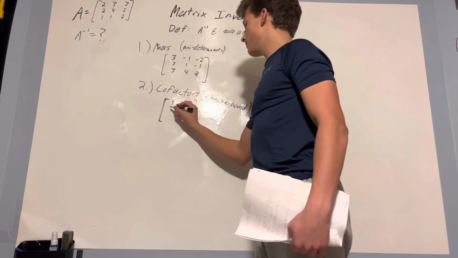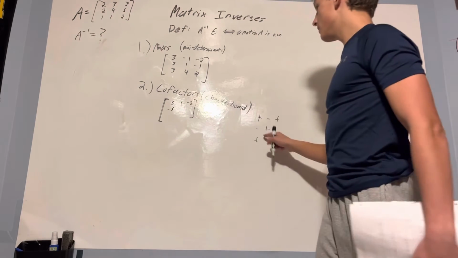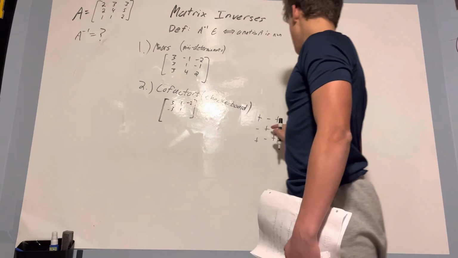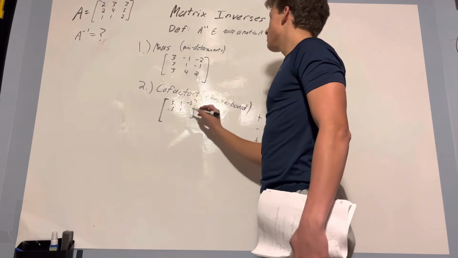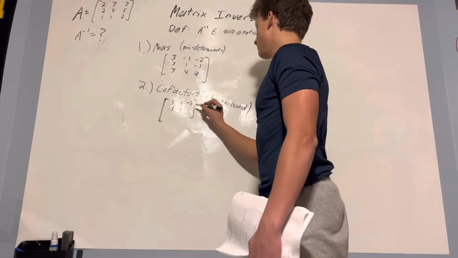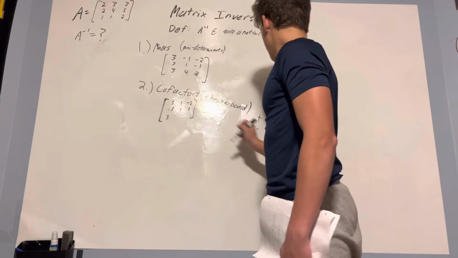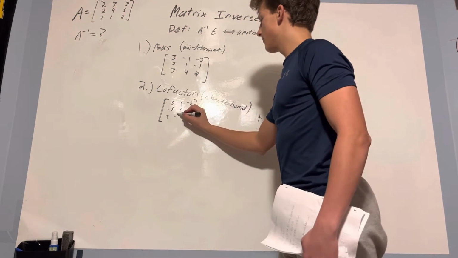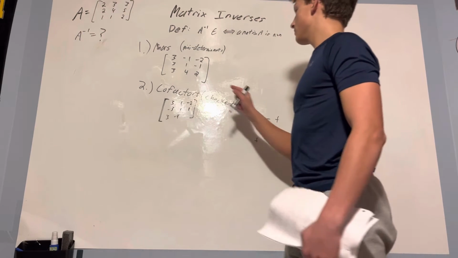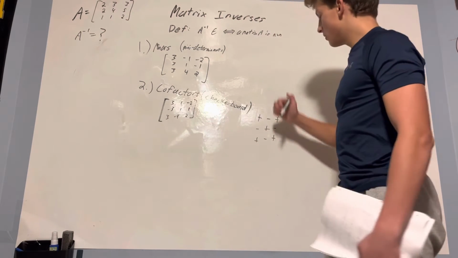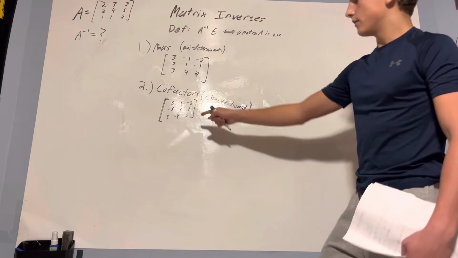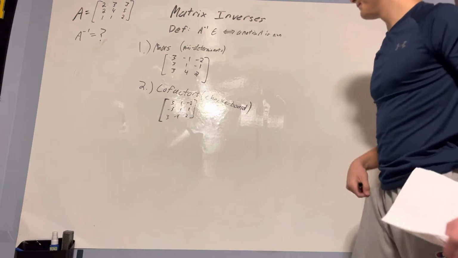You flip the sign, it becomes negative 3. Here it's positive. It stays as 1. Here it's negative. Negative 1 becomes 1 because you're flipping the sign. And then plus, you keep the sign, so 3, minus, you change the sign, minus 4, plus, you keep the sign, 2. So that is what we're going to get after doing cofactors.